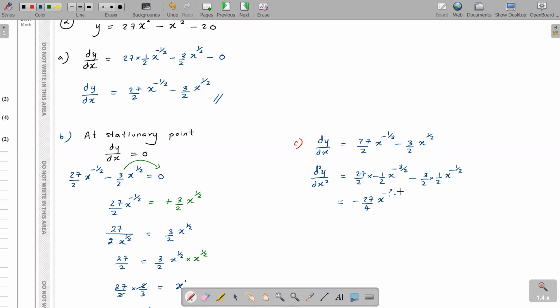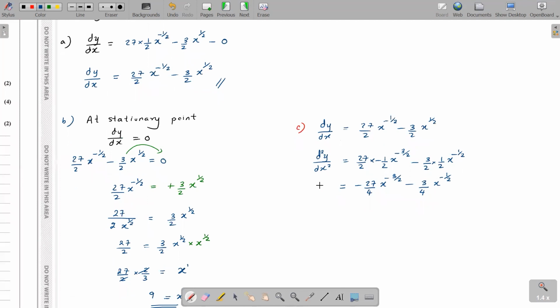x to the power minus 3 over 2 minus 3 over 4 x to the power minus half. Is this clear? And now what do we do? They're asking us to verify whether the stationary point is a maximum or a minimum. What do we do? Input the x value.